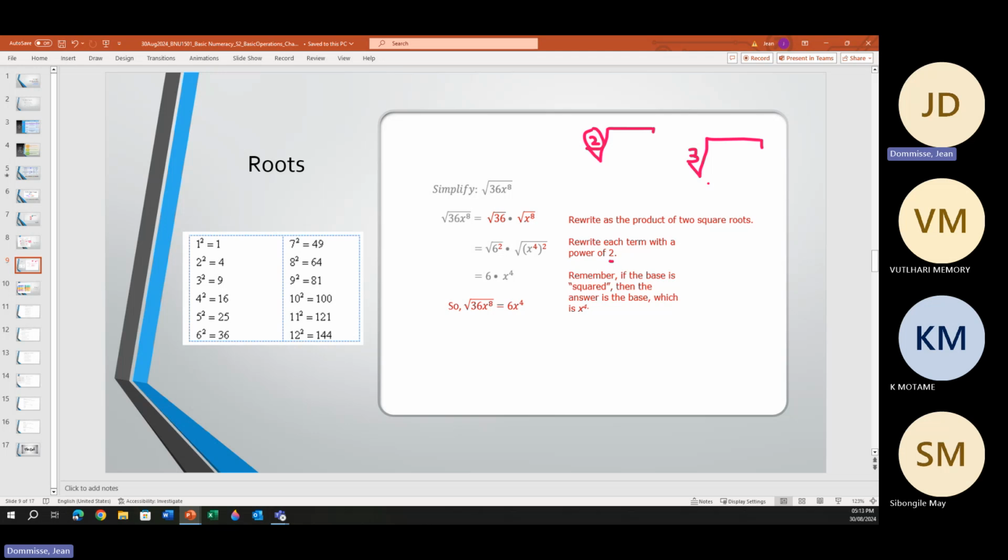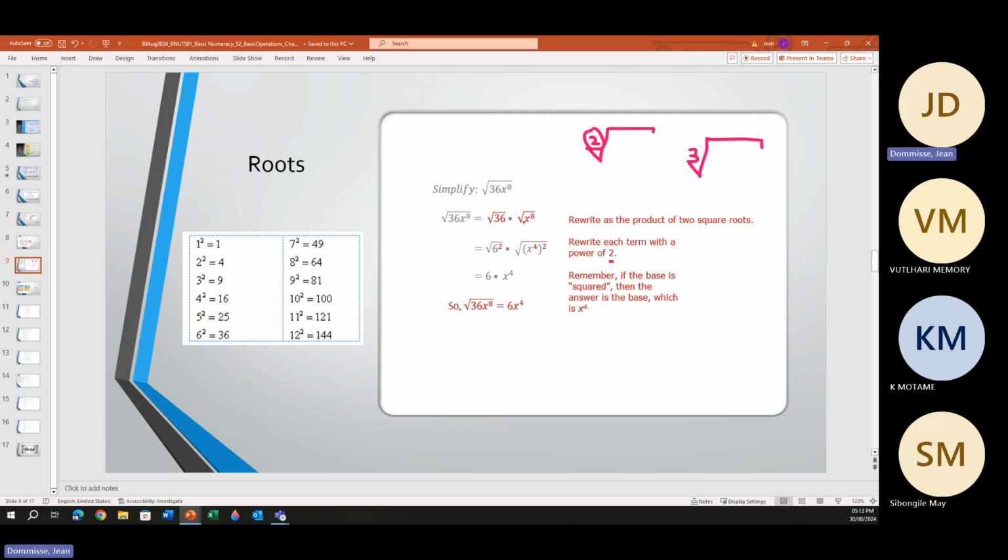And what I wanted to show you guys just on this, so we've got now an explanation here of how they do it, but let me show you just another way to look at it. Because here they went into say, okay, but we can break 36 up as 6 to the power of 2.